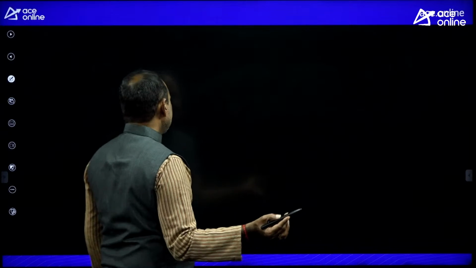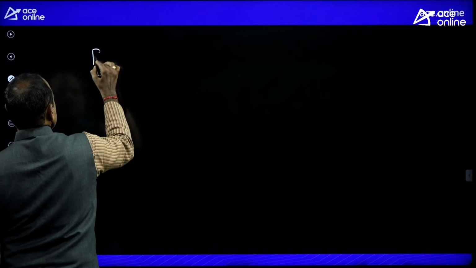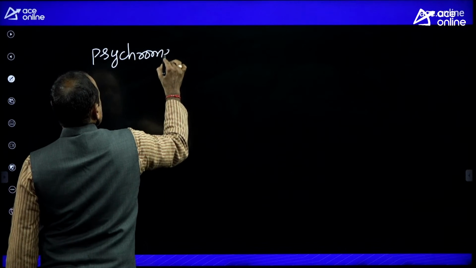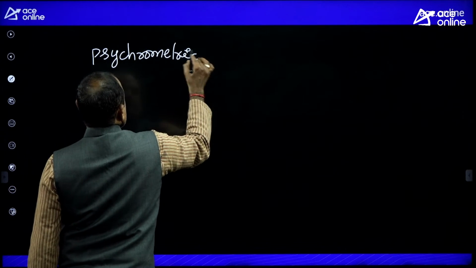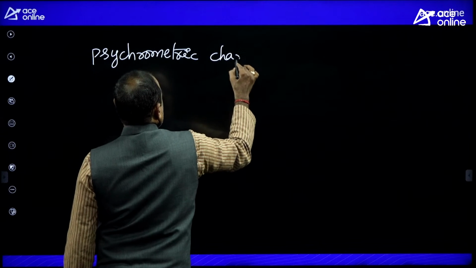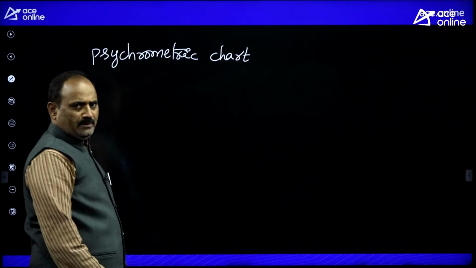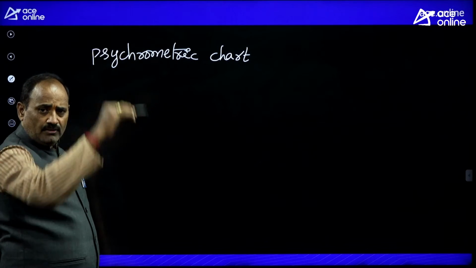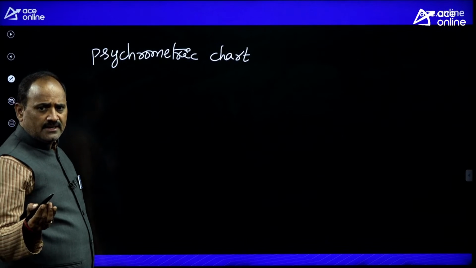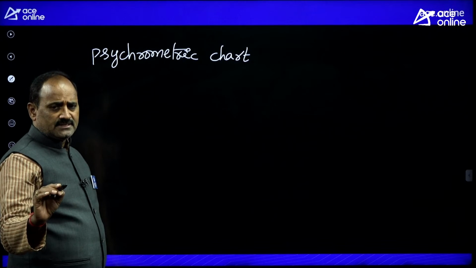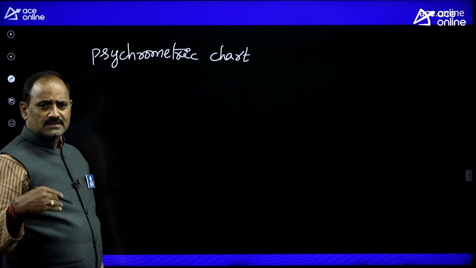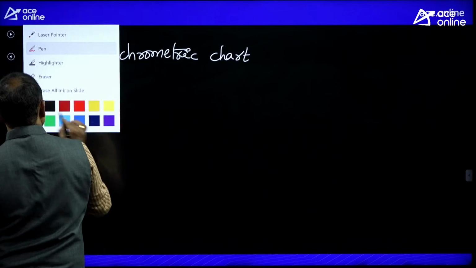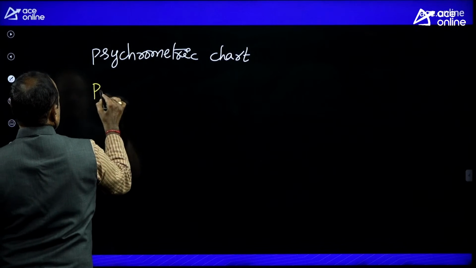Try to practice the psychrometric chart. You are finding different lines in the psychrometric chart. Try to identify what is the horizontal line, what is the vertical line, what is the 30 degrees inclined line, what is the 60 degrees inclined line, what are the curved lines, what is the wet bulb temperature, like that. Psychrometric chart and psychrometric process.